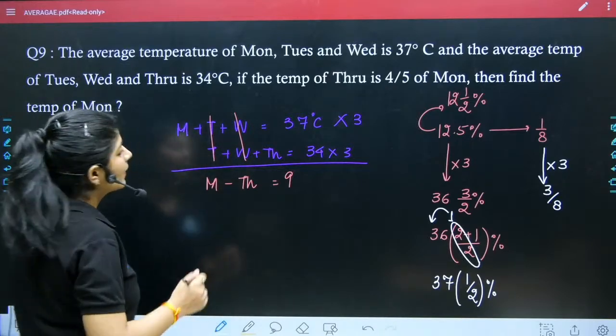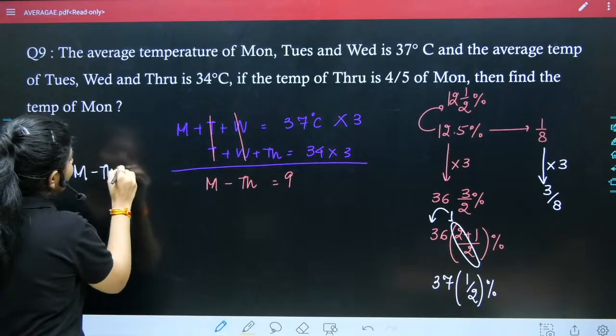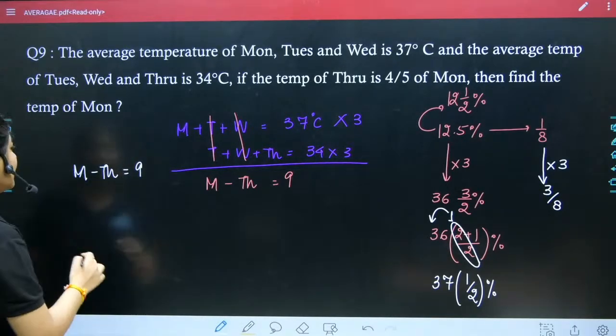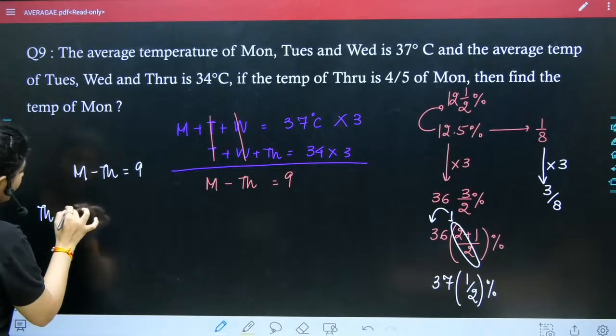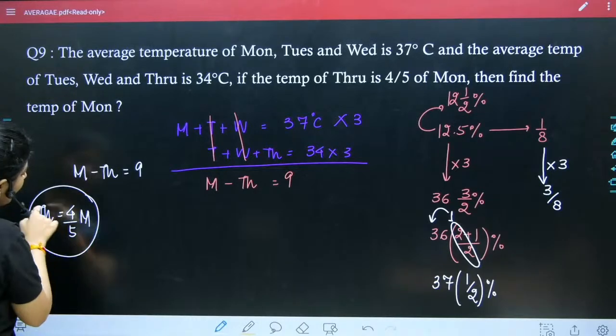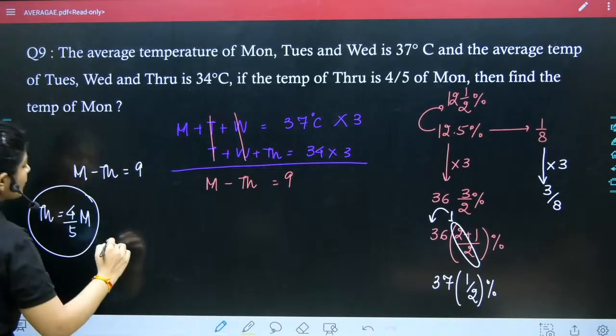Right? Okay. I'll get Monday minus Thursday equal to 9. Now it is given that the temperature of Thursday is 4 by 5th of Monday. Now just put the value of Thursday in this equation and you will get the temperature of Monday.